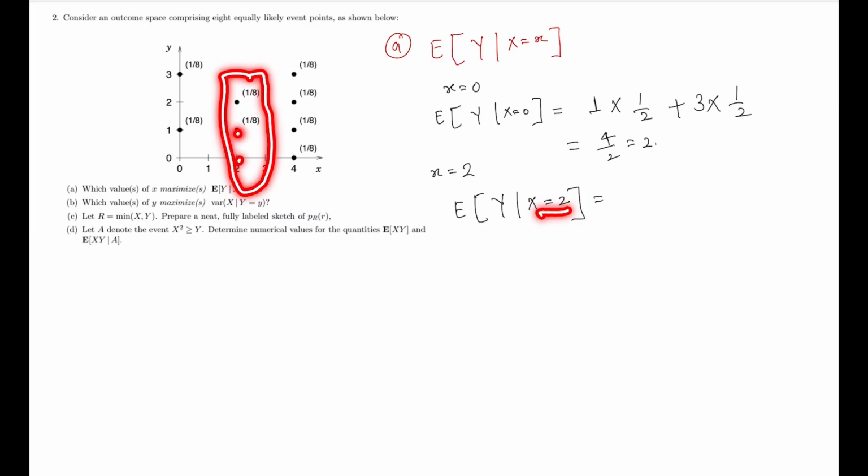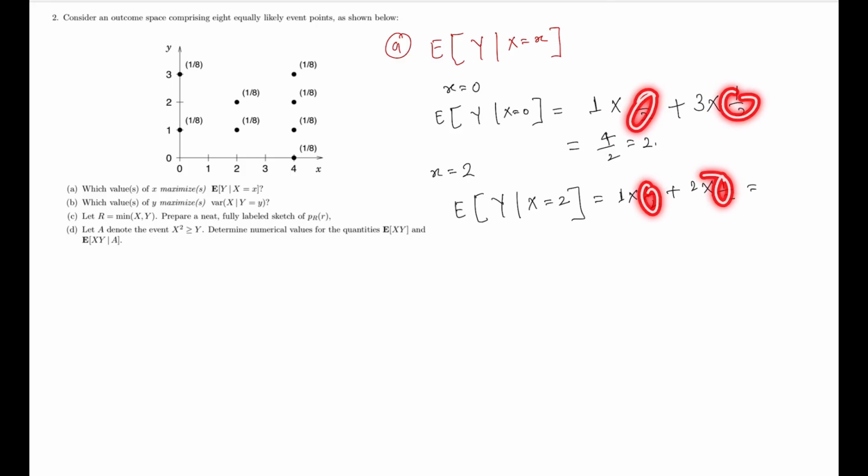Random variable Y takes the value 1 with what probability? This will be the conditional probability; you will have to revise this probability according to the condition, so this will be half. So 1 times 1 by 2, plus again Y takes the value 2, and this will be 2 times 1 divided by 2. You are getting this point, right? These are the conditional probabilities according to whatever condition we have been given, and you know how to find this conditional probability. So that will be 3 divided by 2.